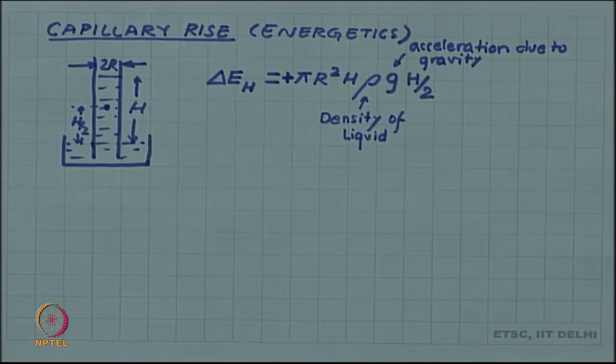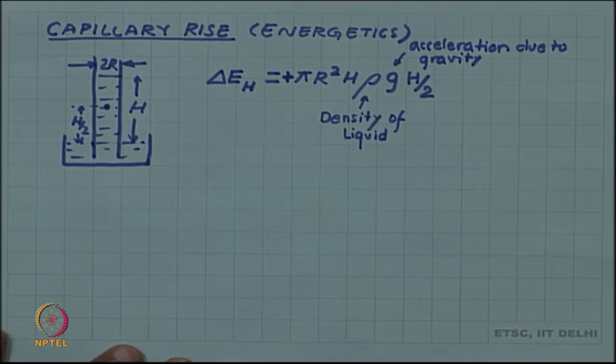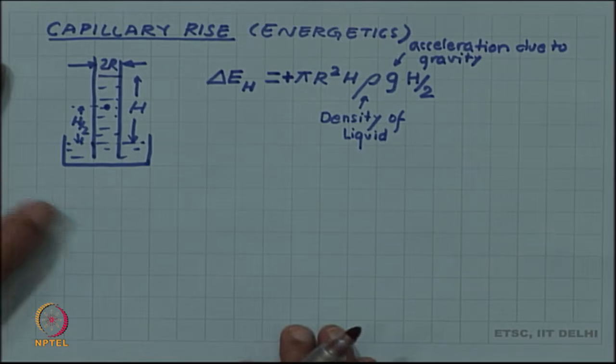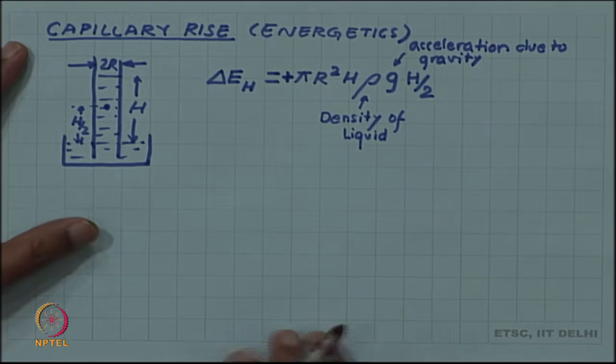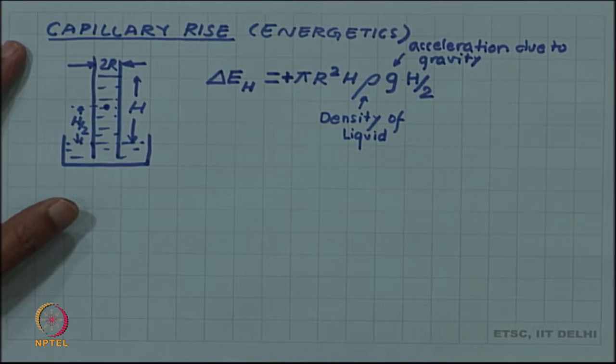So, the question is why will a capillary rise happen if the potential energy of the system is increasing. This cannot be the driving force, the driving force should be some other decreasing term. So, what is decreasing?